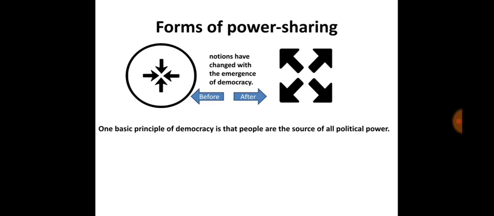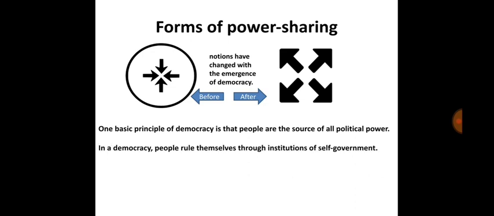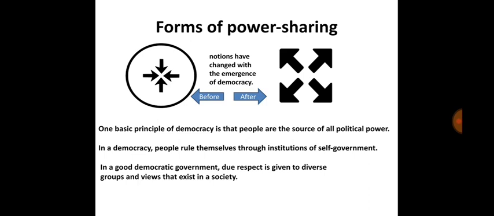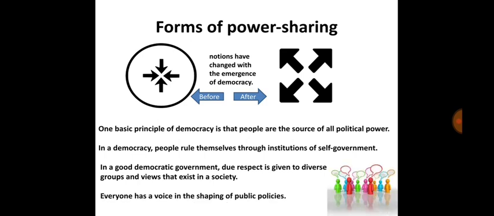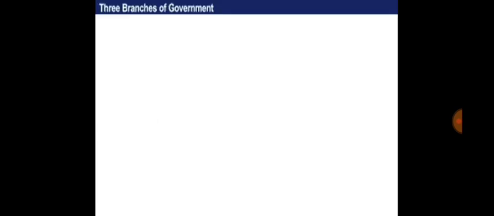And a democratic government gives respect to all the diverse views and groups. They have to listen. People have a voice in public policy, in the formulation of governance or acts. Then we have good governance, a good democracy.